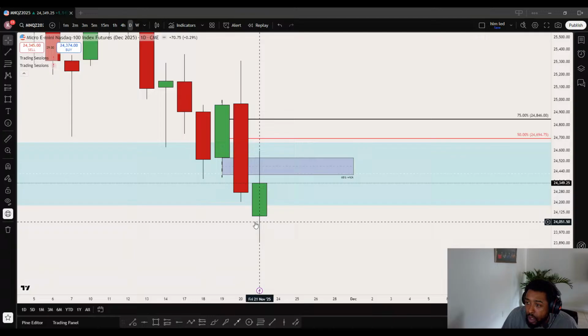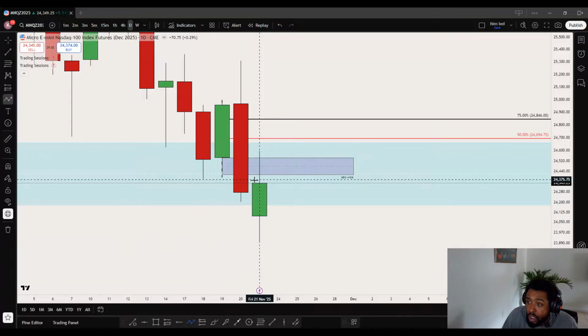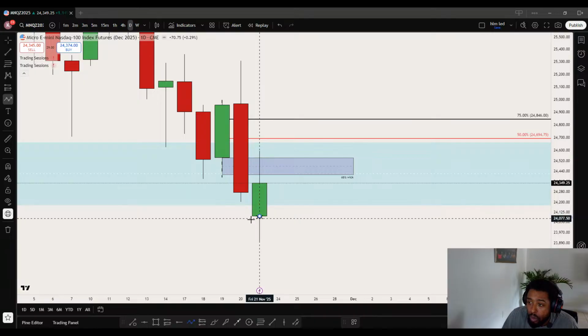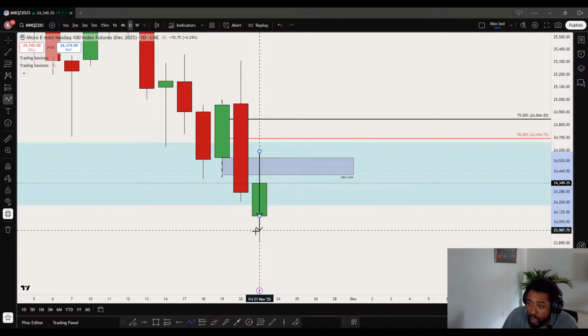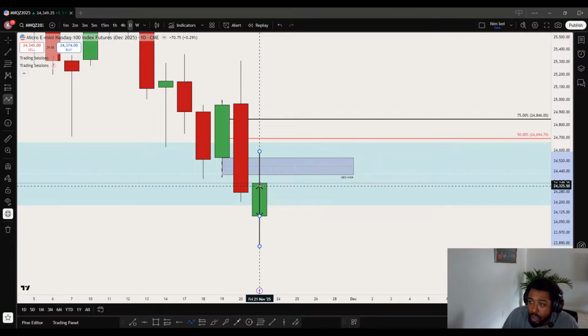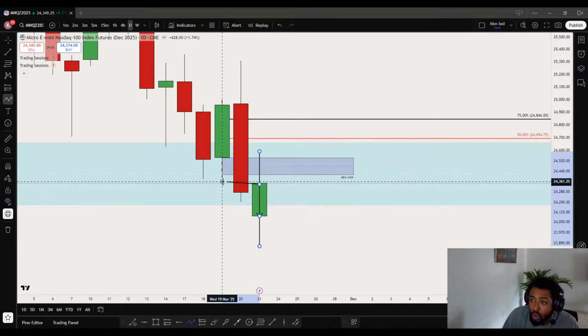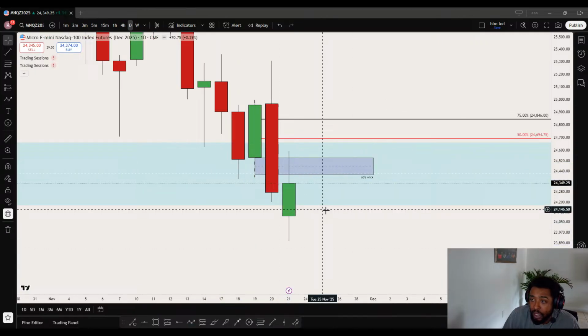This candlestick opened low. Remember, bullish candlesticks open low. So look, it opened low, went up, then it went all the way down, and then it closed here, below the low. So it actually respected it.